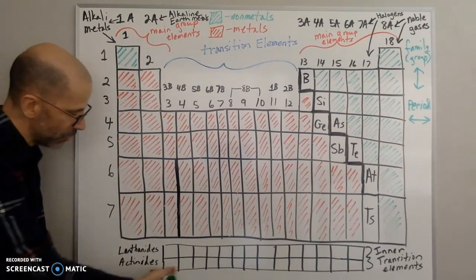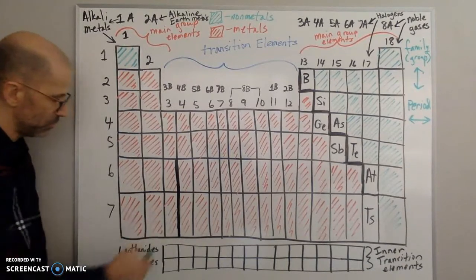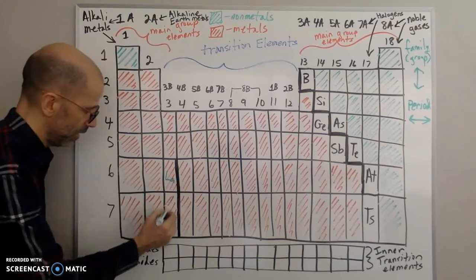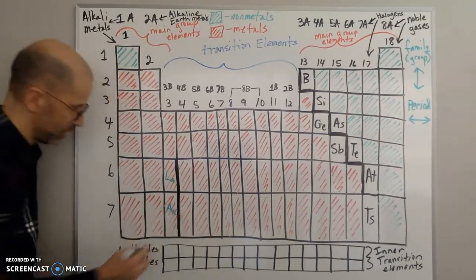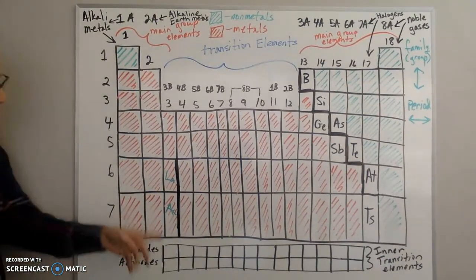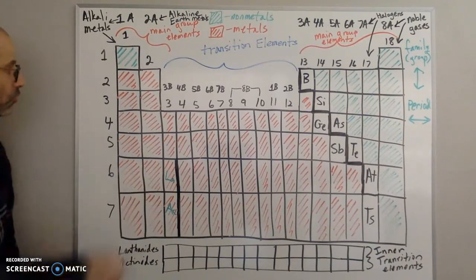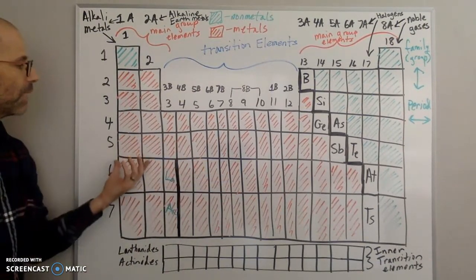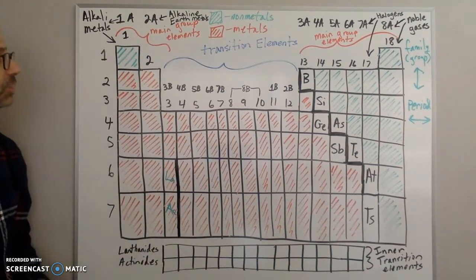And these guys are called your actinides because they follow actinium, right? So if I put in LA and AC, these guys would be inserted after these two. Okay, so we have our transition elements, main group or representative elements, inner transition elements.